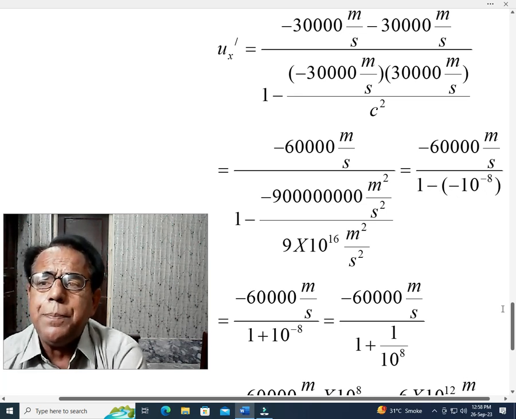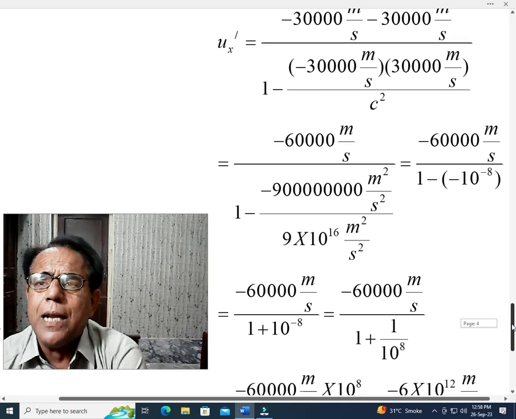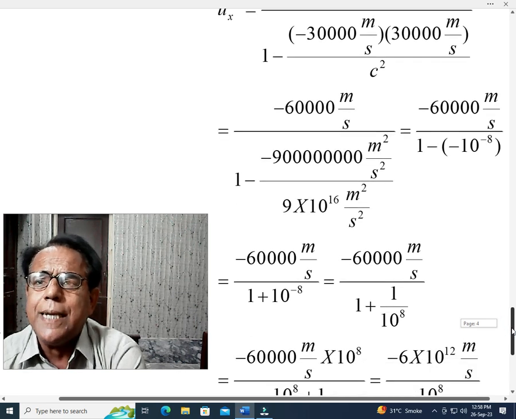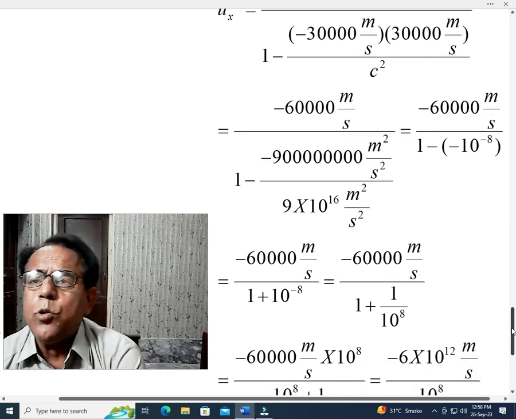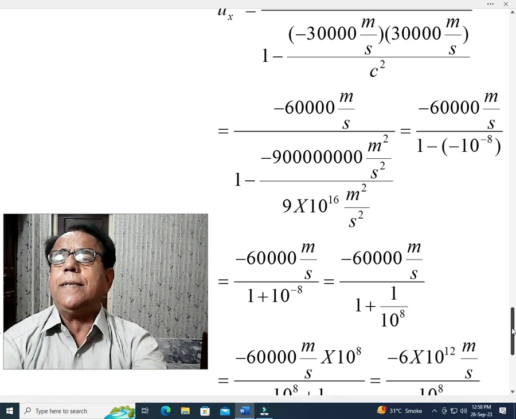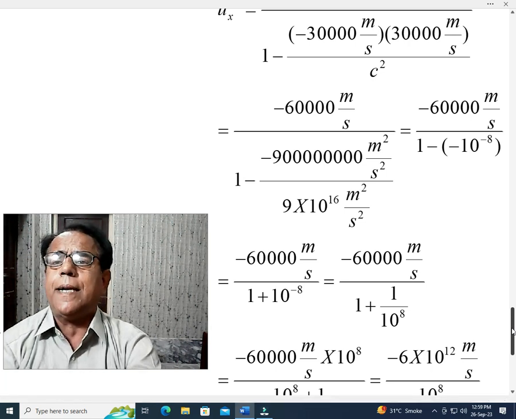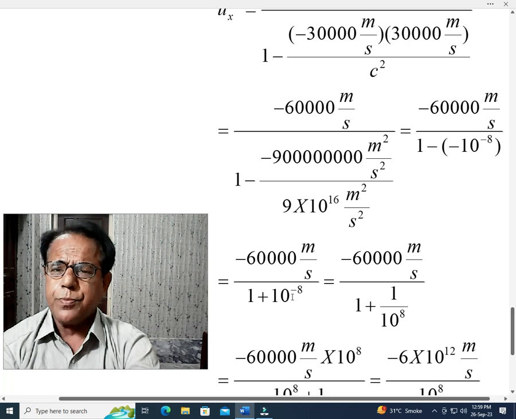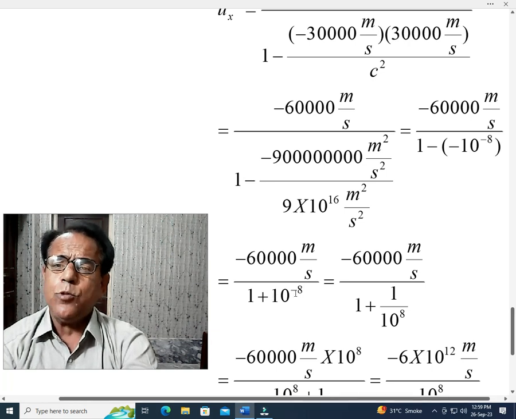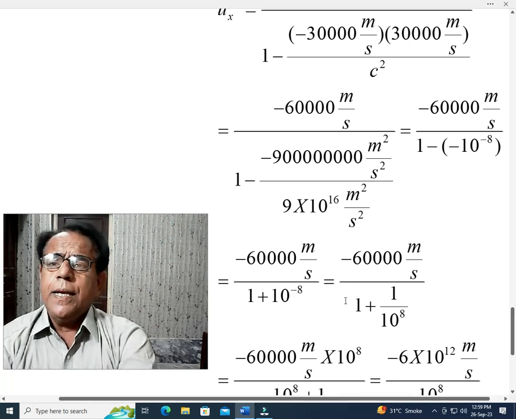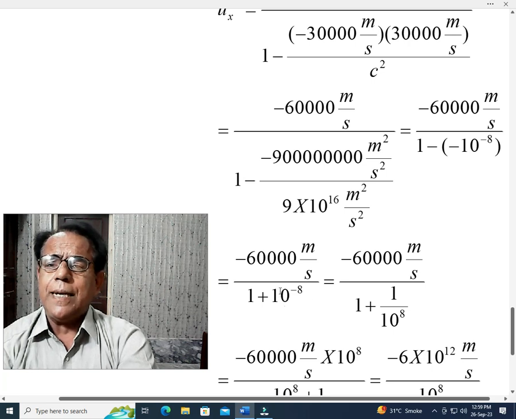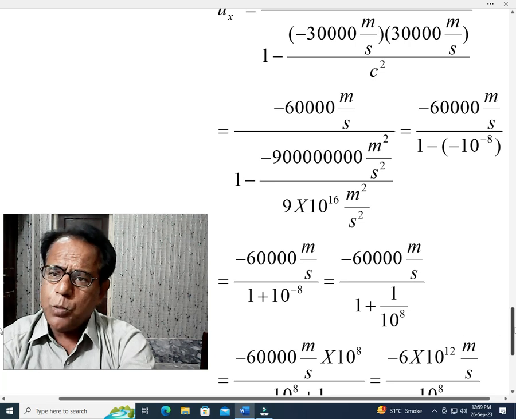We know that multiplication of similar signs always results in a plus sign, while multiplication of different signs always results in a minus or negative sign. Hence 1 plus 10 raised to the power minus 8. Then we can write 10 raised to the power minus 8 as 1 over 10 raised to the power 8.